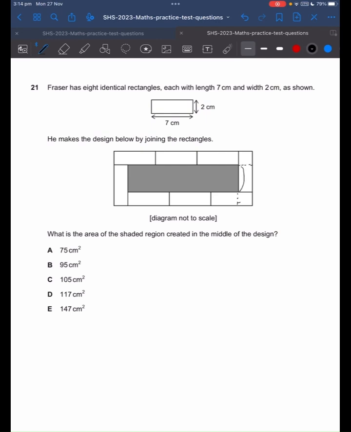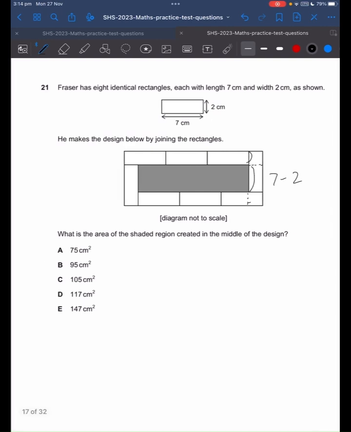So we know this length has to be 7 centimeters minus 2 centimeters. Where did I get 2 centimeters from? I got it from this length, which is given. So we take away that much from this length to get the length that we want. So 7 minus 2 is 5 centimeters.